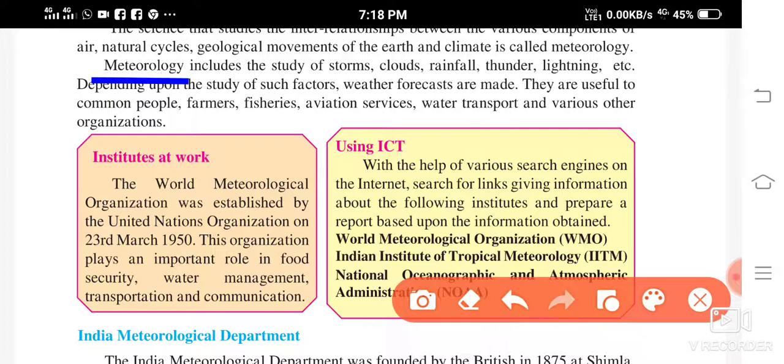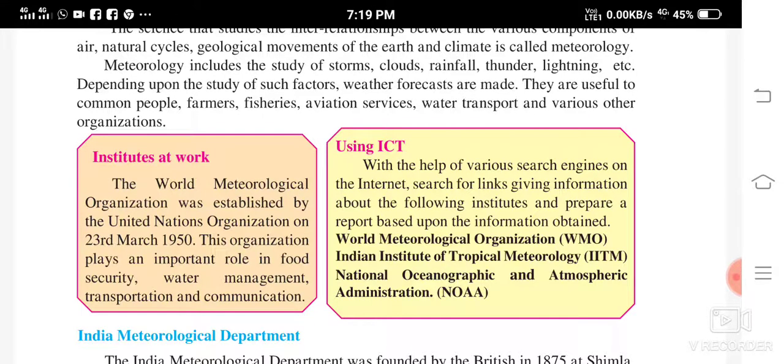Now in this we are going to study storms, clouds, rainfall, thunder, lightning, etc. So the study of this is meteorology.